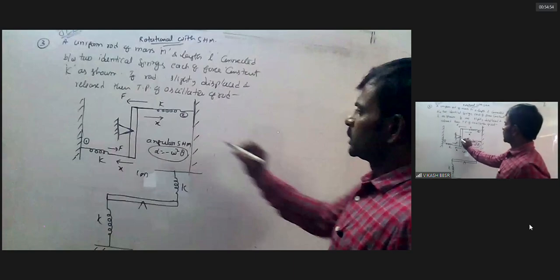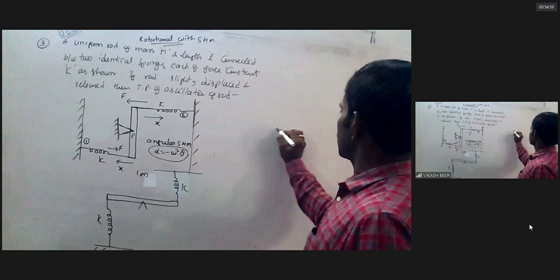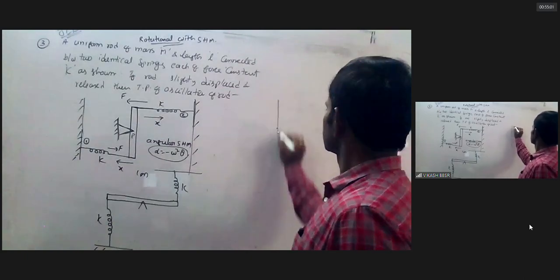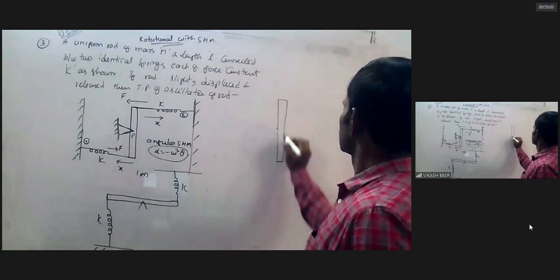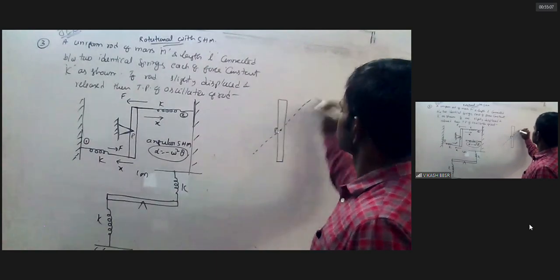Suppose this is the position, you can take P. The rod position is P here initially. Now it is displaced like this.